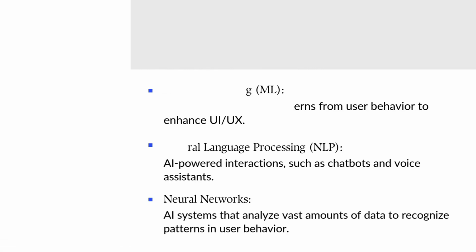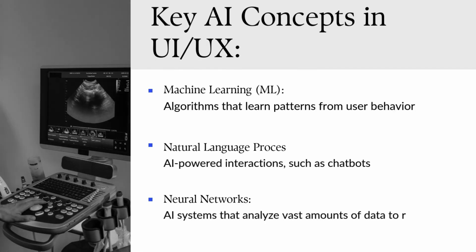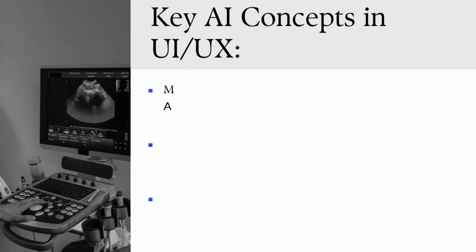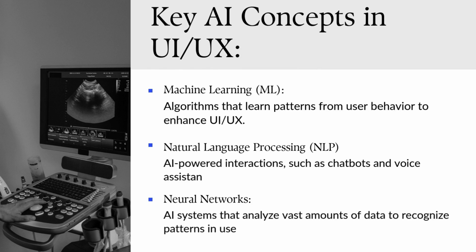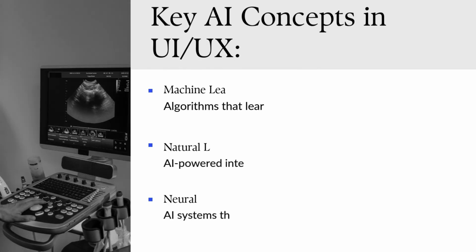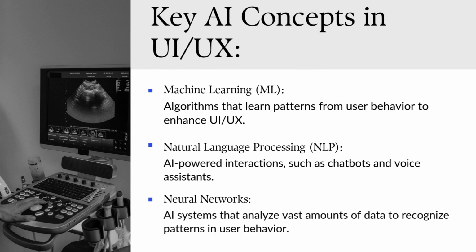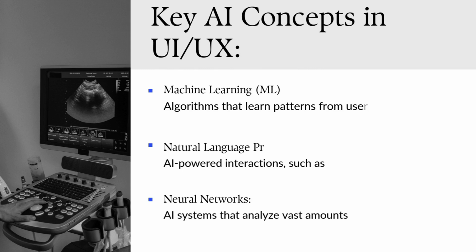This has to do with AI powered interactions such as chatbots and voice assistants. Next is what we call neural networks. This talks about AI systems that analyze vast amounts of data in order to recognize patterns in user behavior.